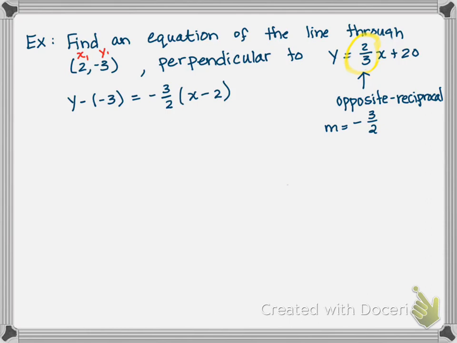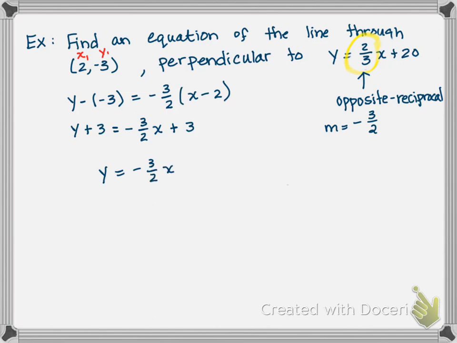If we distribute that negative 3/2, we have y plus 3 equals negative 3/2 x plus 3, because if I multiply 3/2 by 2, the 2's cancel. And then I'll subtract 3 from both sides, and we get y equals negative 3/2 x.